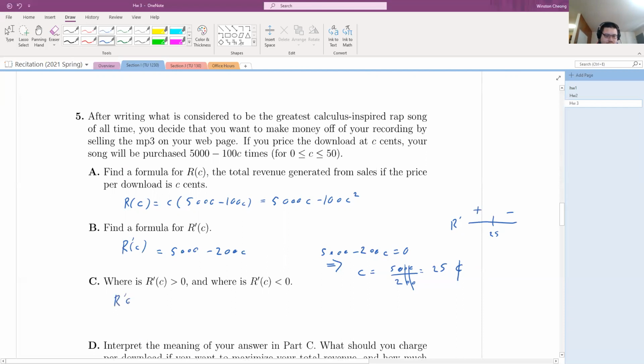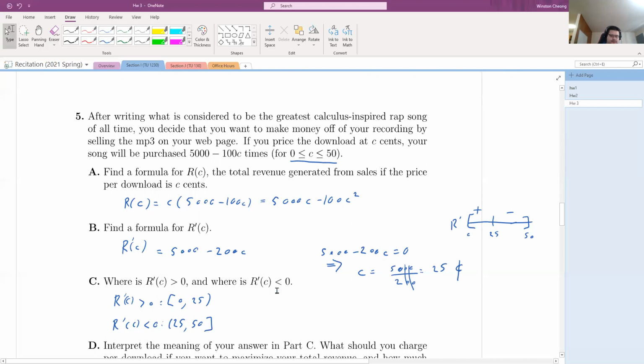Also notice this tells us what C is bounded between: between 0 and 50. We don't really expect to plug anything outside of these limits. So that gives me 0 here and 25 here. R prime of C is greater than 0 from 0 to 25, and R prime less than 0 is from 25 to 50.